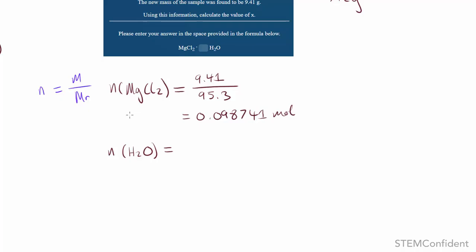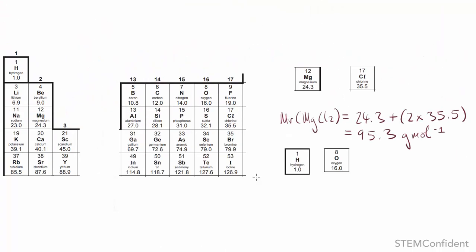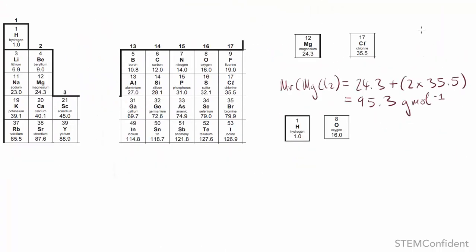And therefore, the number of moles for the H2O is going to be 7.2 divided by the molar mass of H2O. Now, in terms of the molar mass, we can use the periodic table for this. You may already know what the molar mass of H2O is, but you've got hydrogen and you've got oxygen here, right? So it's going to be 1 times 2 plus 16, okay?